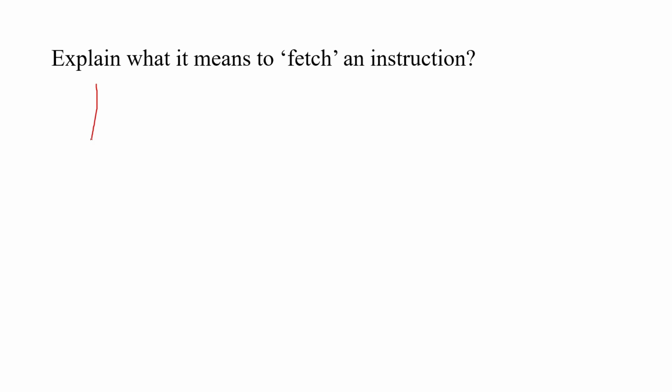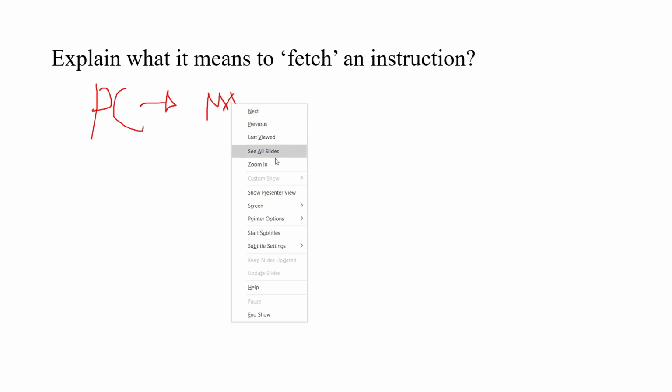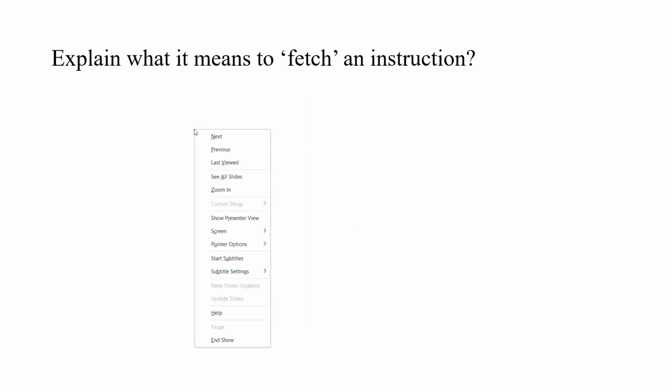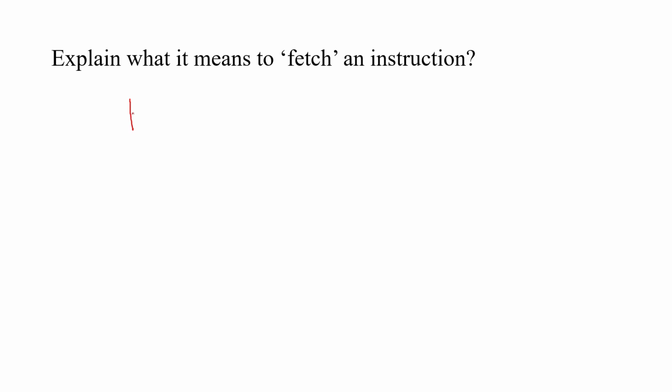So, tell me what happens. PC, what MAR does is that it copies, or we can even switch. This is what happens. PC. I'm going to flip the arrows because it's actually convention to do it this way as well.